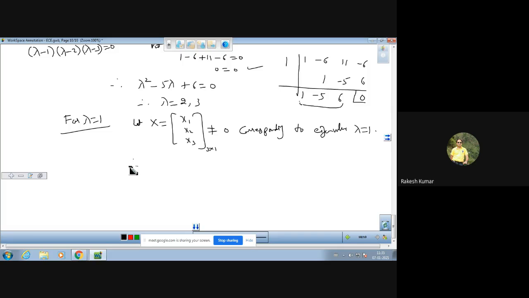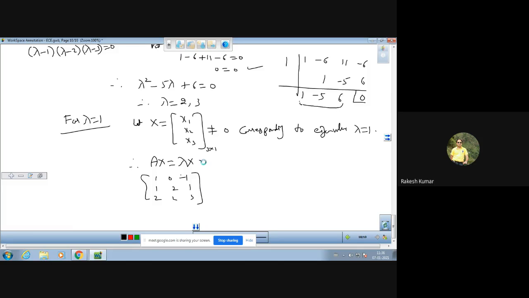Now therefore we can use the equation Ax is equal to lambda x, use the values, and the matrix A is given to us: 1 0 -1, 1 2 1, 2 2 3.